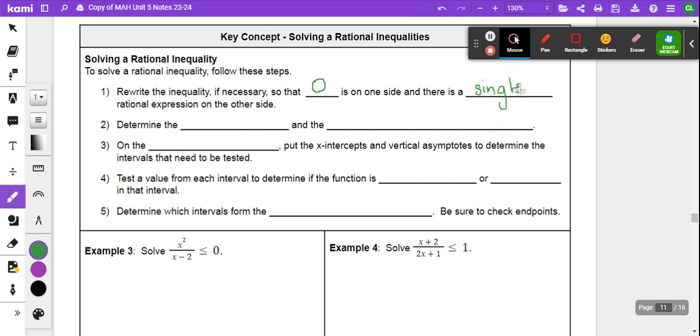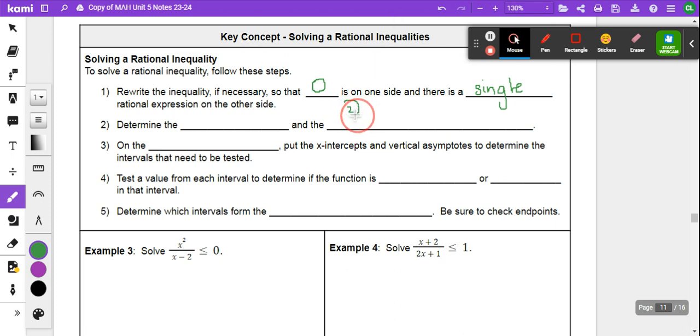Okay, so we definitely want to go less than 0, greater than 0, because less than 0 would be below the x-axis, and then greater than 0 would be above the x-axis. So that's going to be step 1.